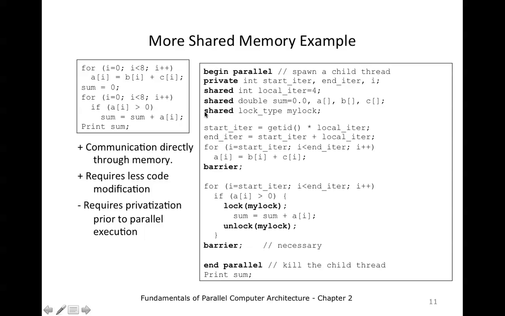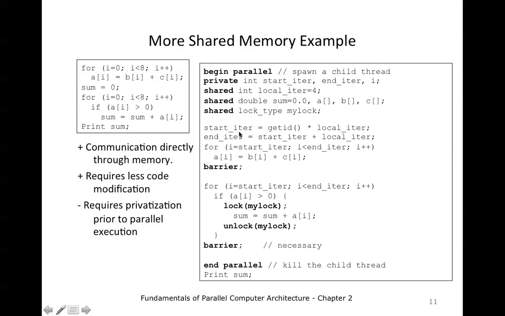And we can have a way to declare other variables as shared, or just let them be the default. Each of the threads has to compute their own start and end iterations, as shown in this code.